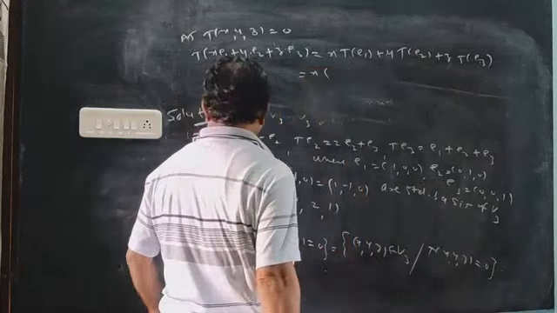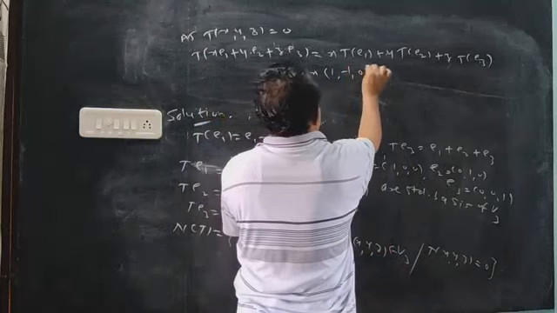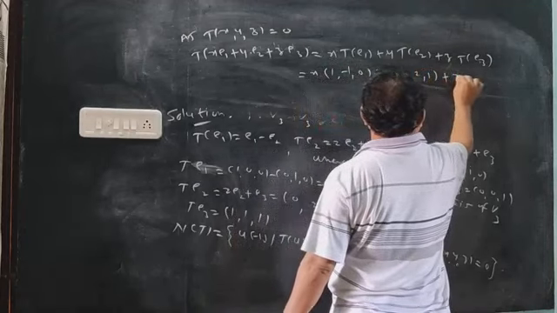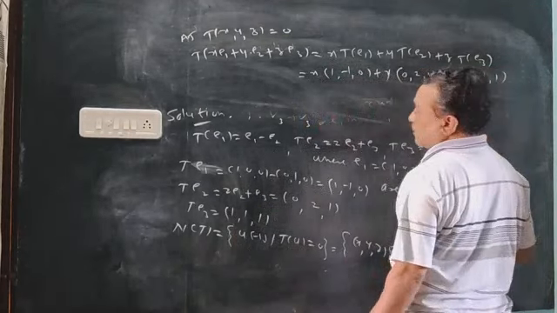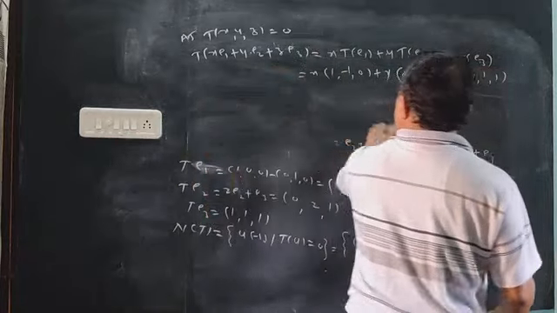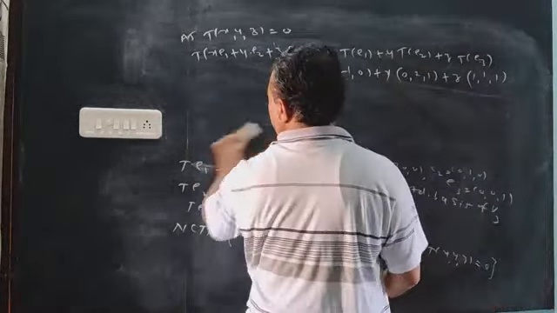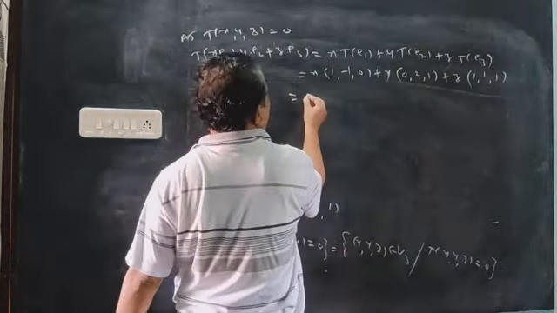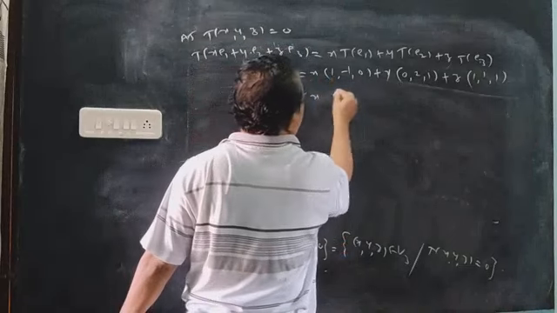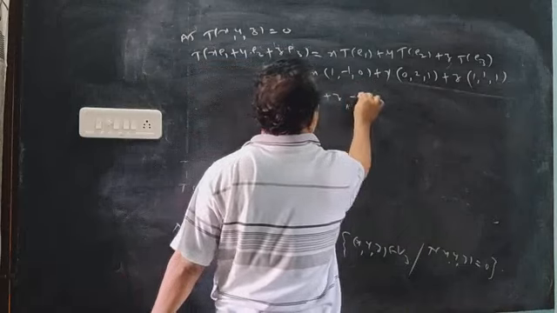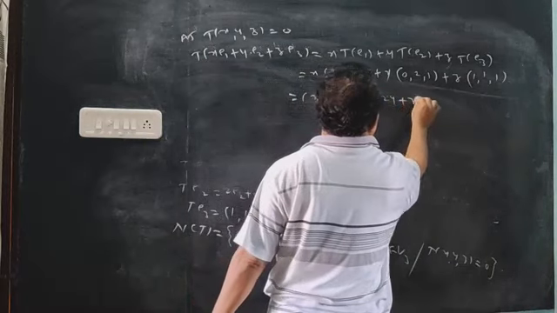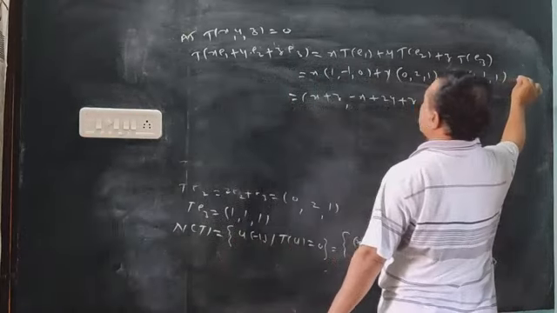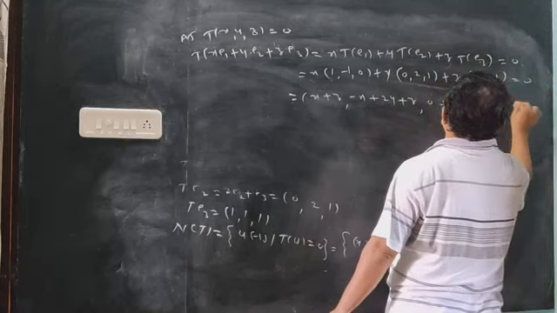So x times (1,-1,0), plus y times (0,2,1), plus z times (1,1,1). Simplify: x plus z, minus x plus 2y plus z, y plus z equal to 0, each equal to 0.